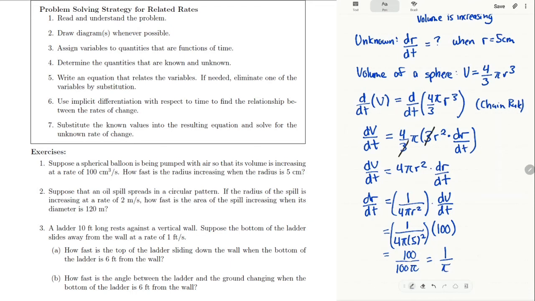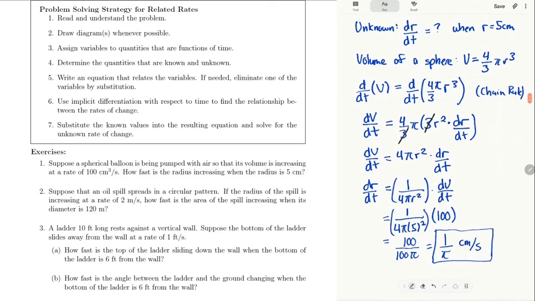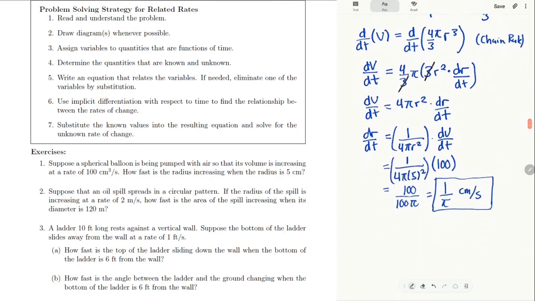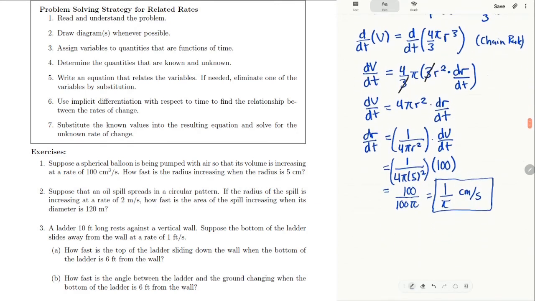Now the radius is measured in centimeters and time is measured in seconds. So as a rate, this is centimeters per second. Now note that dr over dt is positive, meaning that the radius is increasing at 1 over pi centimeters per second.